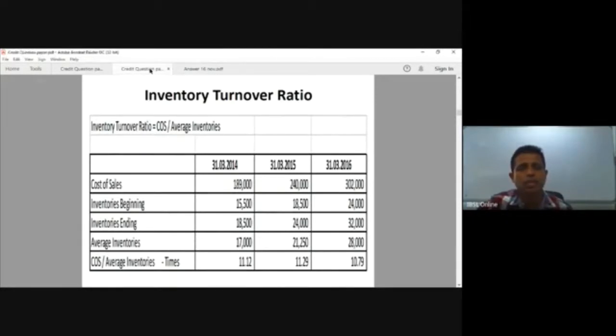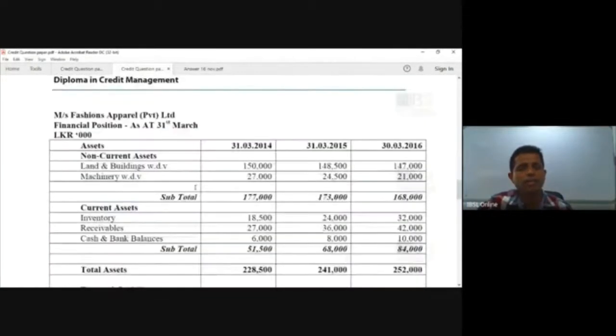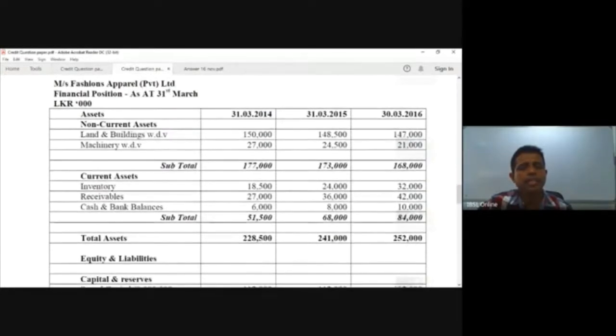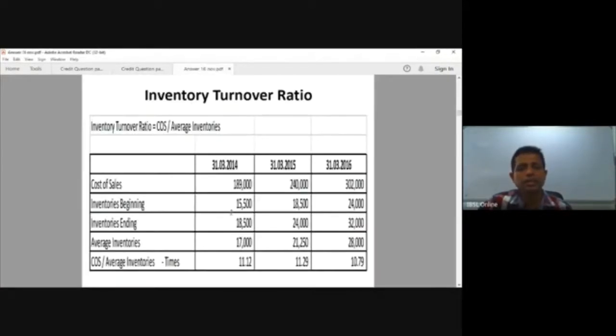Go to your note number 1. Under note number 1, the ending inventory figures you can directly put there: 18,500, 24,000, 32,000, right? I took those figures as the ending inventory.